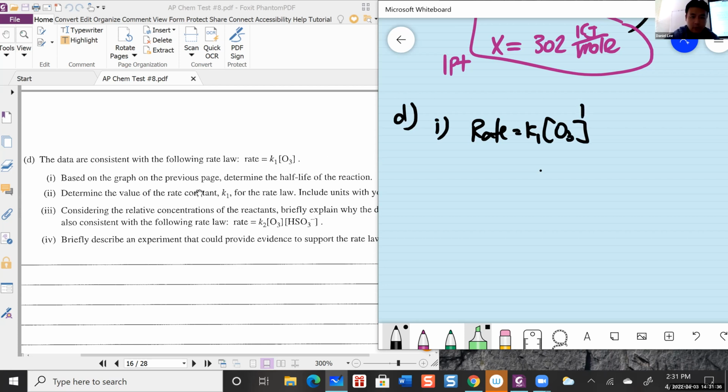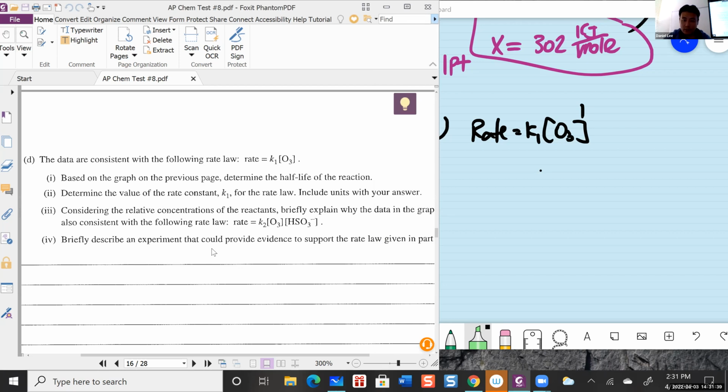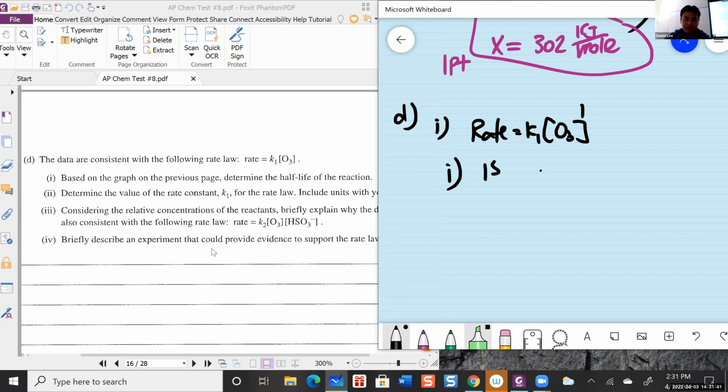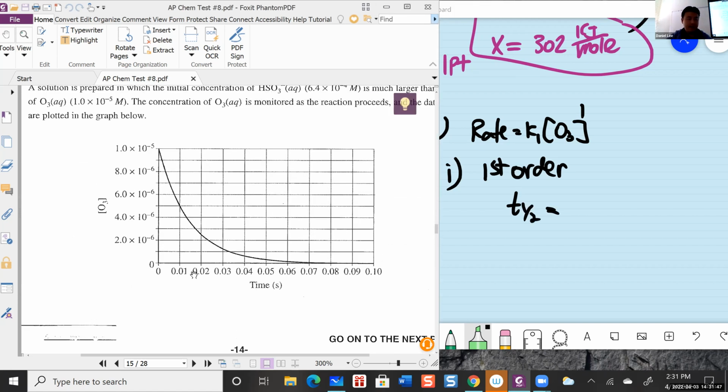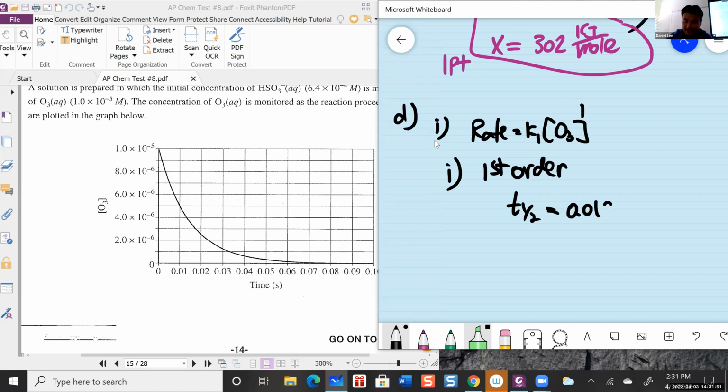Based on the graph, what is the half-life? If this is first order, based on the graph, I'm just looking at the chart, no formula here. It is 0.01 seconds, because the time is in seconds. Every 0.01 seconds, the concentration of ozone is halved.